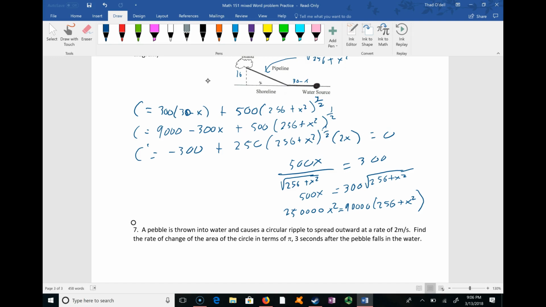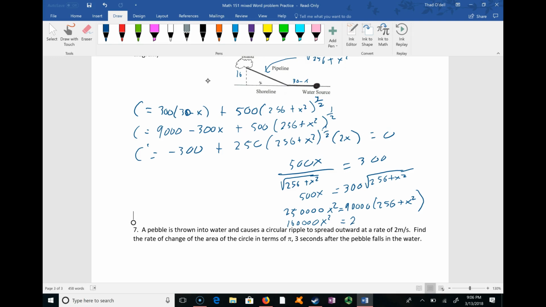Okay, so what do we got? So we got 90,000 x squared and 250,000 x squared. So if I move that over to the other side, that would be 160,000 x squared is equal to 90,000 times 256.